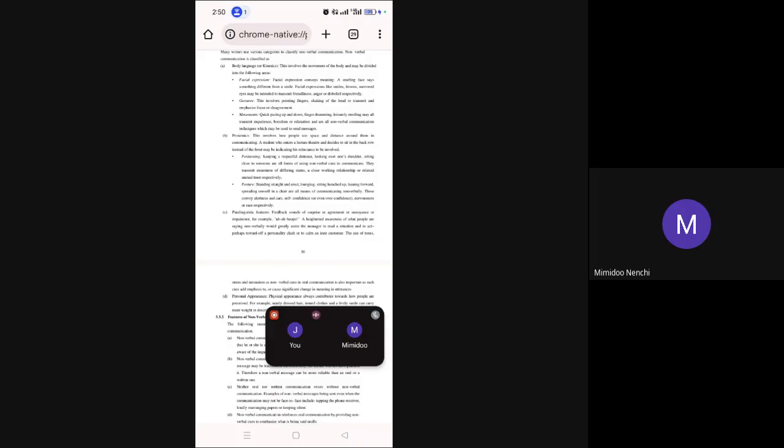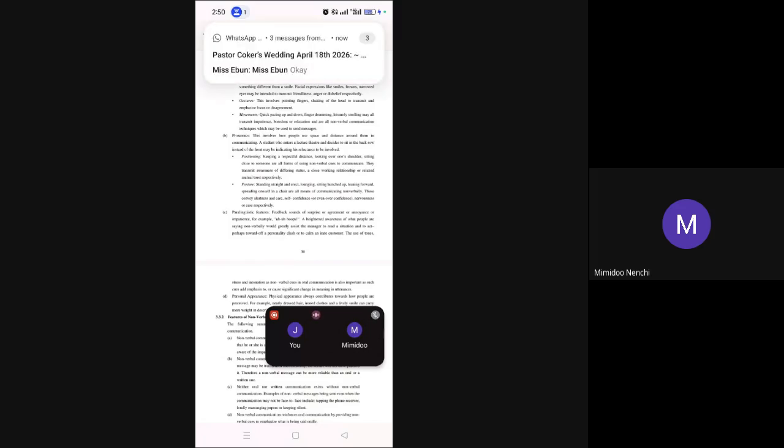The use of tone, stress and intonation as non-verbal cues in oral communication is also important, as such cues add emphasis to or cause significant change in meaning in utterances. So paralinguistic feature is also one of the forms of non-verbal communication.